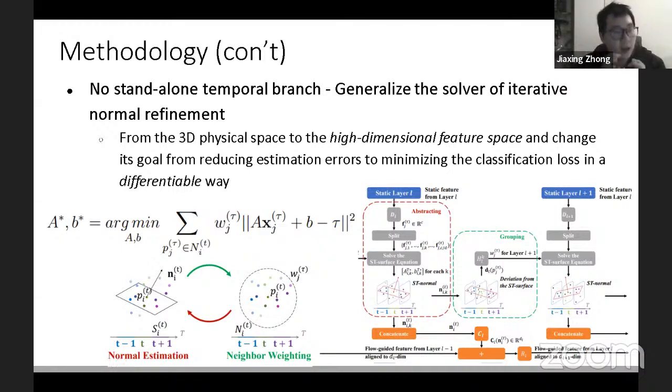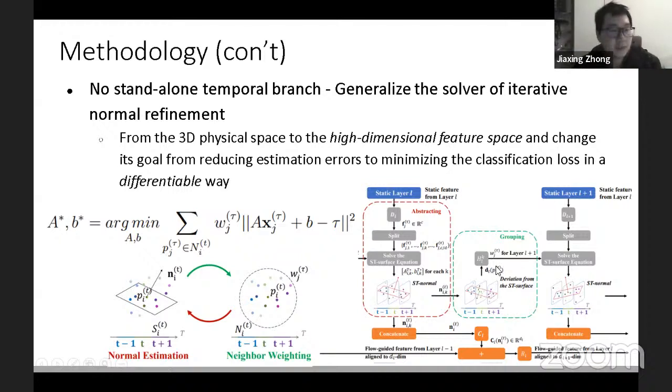By mimicking these two processes in the convolutional operation, we can repeat this process and stack them together.